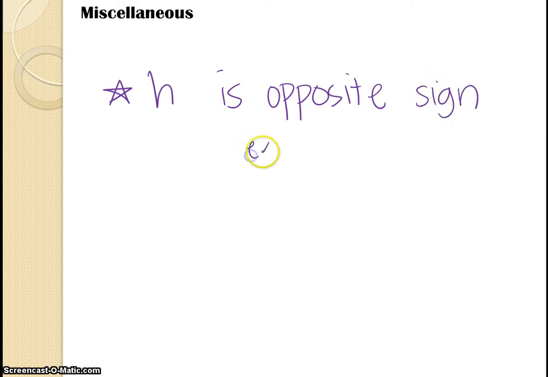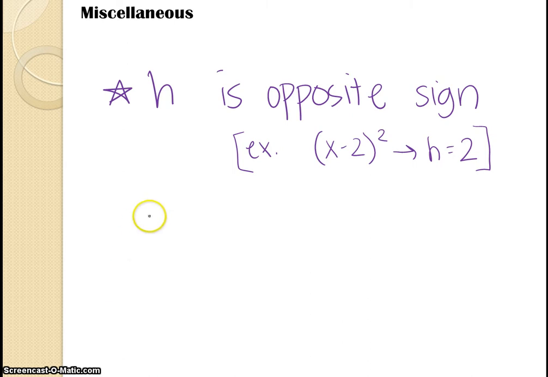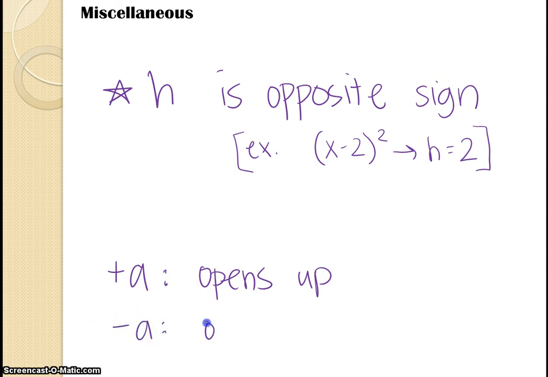So for example, you don't have to write this in your foldable, but if we had x minus 2 squared, our h would be a positive 2. Even though it has a minus sign, it would be a positive 2. And just like in standard form, if we have a positive a, our parabola opens up. And if we have a negative a, our parabola opens down.